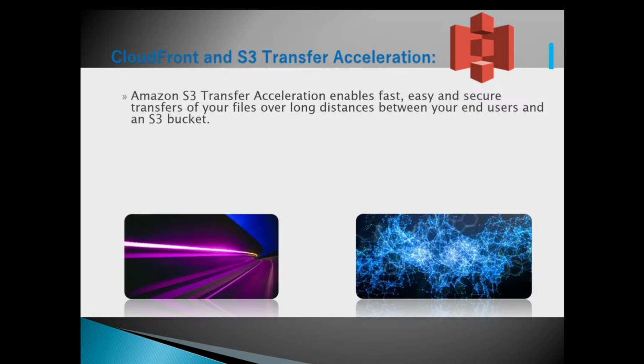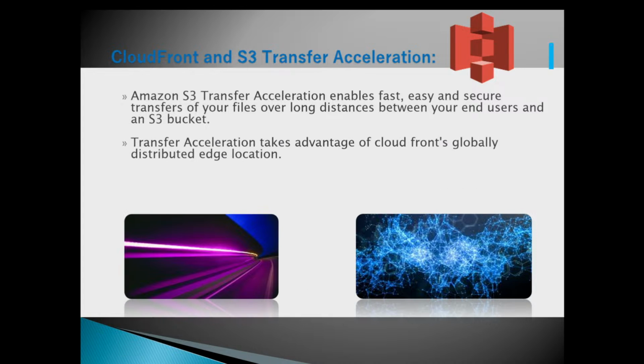So CloudFront, or you can say the edge location, as we have learned previously, helps us to increase the speed of your S3 while uploading the data. So S3 transfer acceleration. Amazon S3 transfer acceleration enables fast, easy, secure transfer of your files over long distance between your user and S3 bucket.